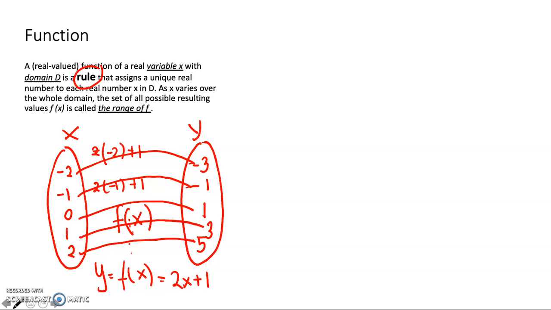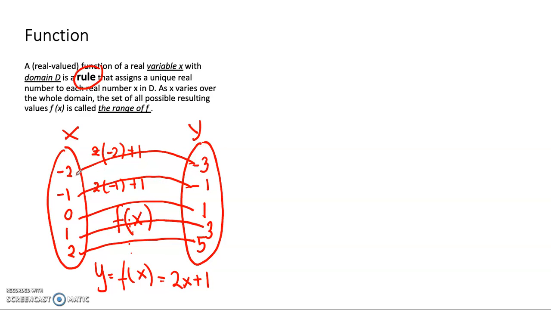So we can say that the function gives a rule how x and y are related. And remember, from the set theory, we know that the difference between relation and function is that function gives a one-to-one relation between two variables, while in a relation, x can have more than one relation to y.